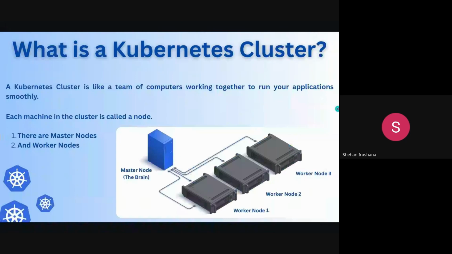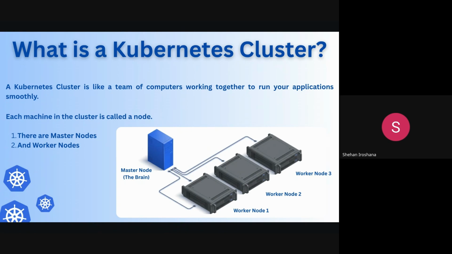So what is a Kubernetes cluster? Kubernetes doesn't run on a single machine. It runs as a cluster. A Kubernetes cluster is simply a group of machines working together to run containerized applications. Each machine in the cluster is called a node.